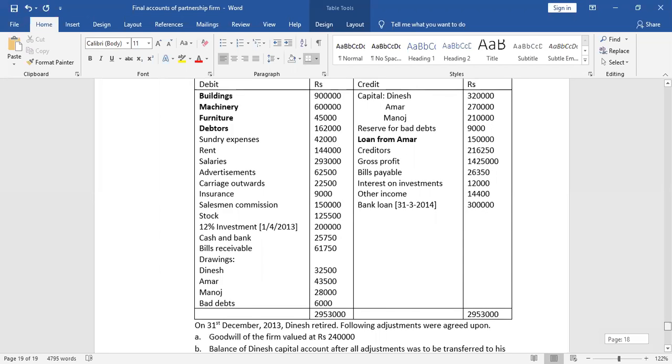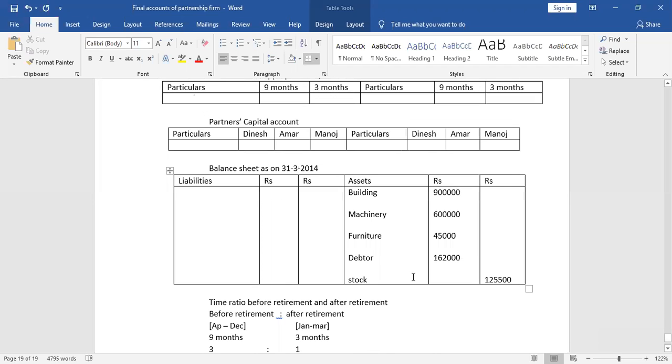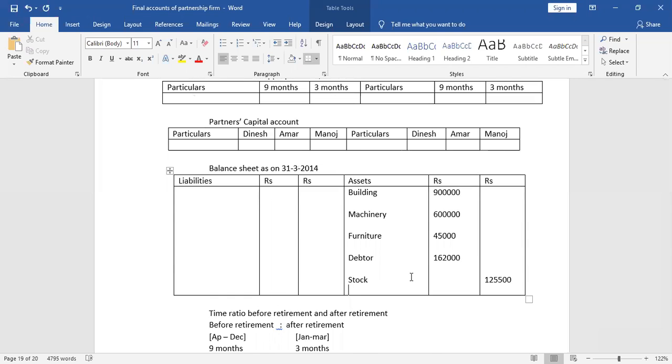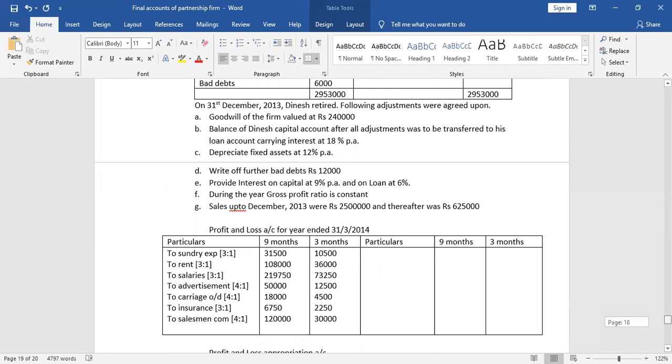It has a hidden adjustment. So 12% investment, we will write here 12% investment. How much is the 12% investment? 2 lakh.